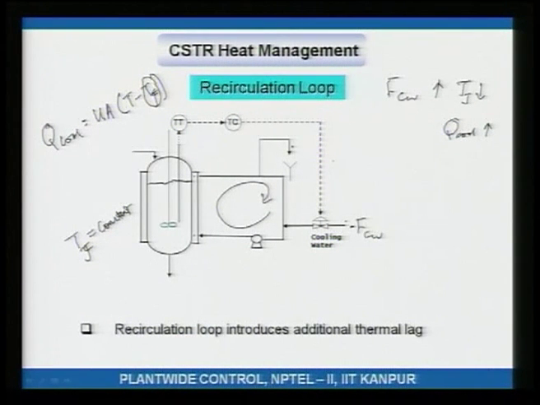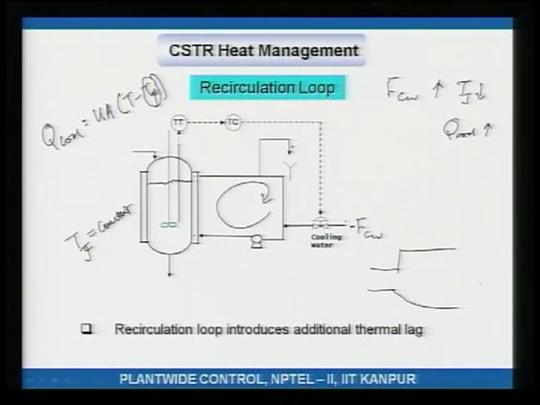Well, that is one way of doing it, but there is a better way of doing it, and let us talk about it. By the way, here is a comment. You see, when you add the cooling water, the temperature of the water inside the recirculation loop will decrease. So if FCW goes up as a step, then the temperature of the jacket will actually go down, not immediately but slowly.